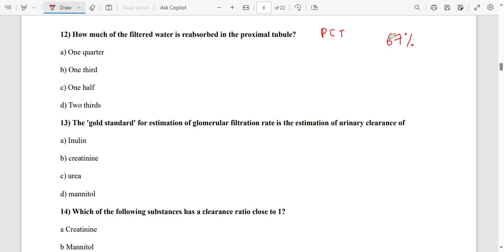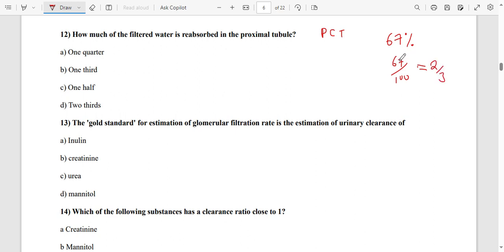So what you want to find out is what 67% is as a fraction. So 67 over 100, and this is going to give you approximately 2 over 3.